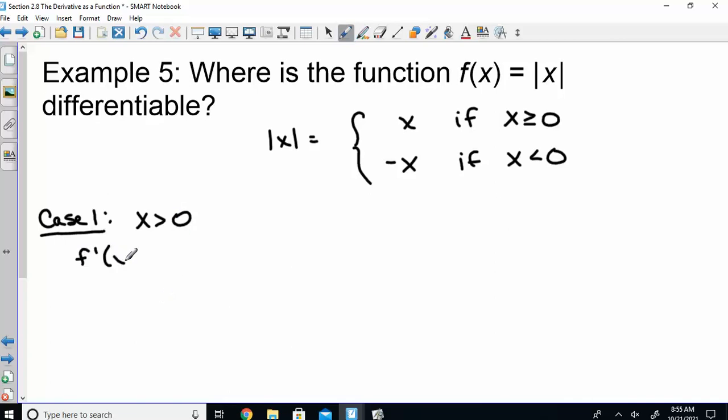Then the derivative, using our definition, is the limit as h approaches 0, f of x plus h. So if it's positive, we're on the first piece, so that's just x plus h, minus f of x, which would just be x, over h. What happens?